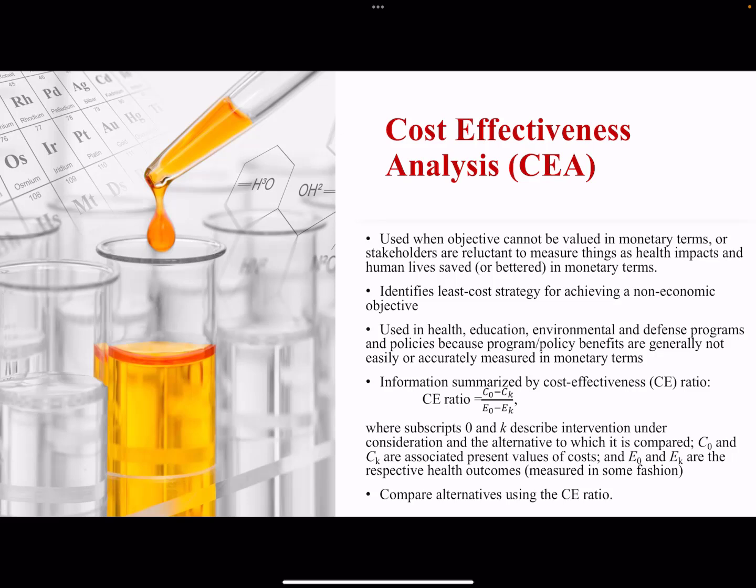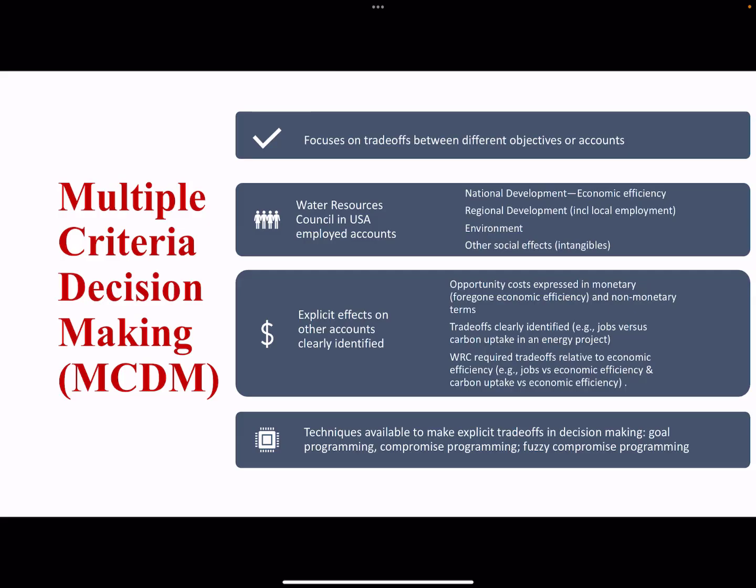All right, so we've got a cost of one particular intervention minus that of another type of intervention, maybe that intervention is to do nothing, divided by a measure of the effectiveness of the intervention minus the effectiveness of the intervention to do nothing. So these are compared using this CE ratio.